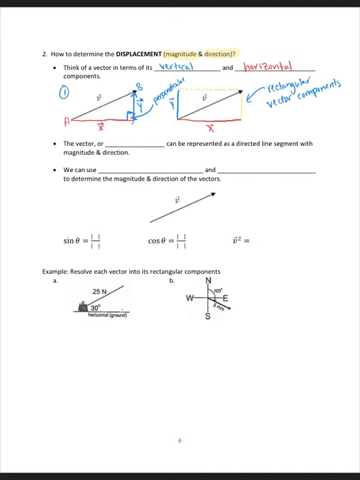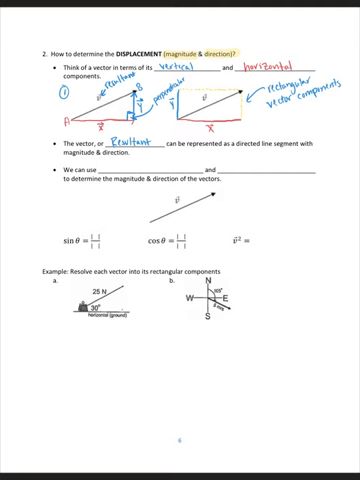Well, we know how to find some side lengths of a triangle, right? So this vector here, it's what we call our resultant. It's the result of two other vectors, so I'm just going to label it. The vector v is our resultant. All right, and it can be represented as a direct line segment with magnitude and direction, right? Our vectors are always represented with magnitude and direction.